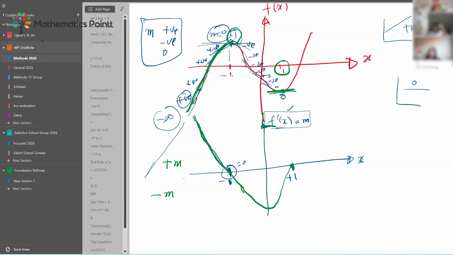I am at this point now when my slope is 0 again, which means I'm here. And what happens here? The tangent starts to become positive, which means I go back into the positive zone of the derivative graph's y value, which is this zone. And this goes up till infinity.